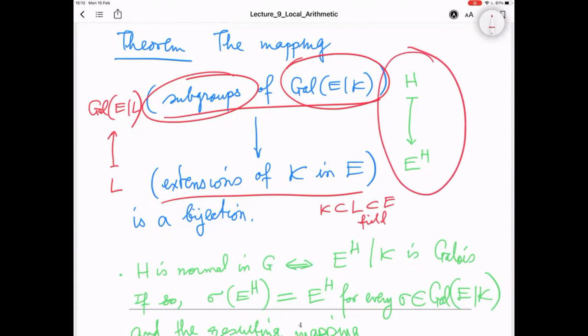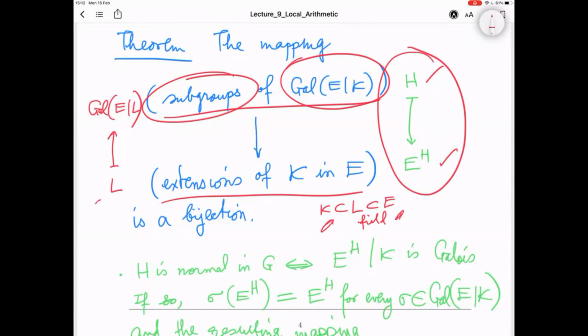And here's a map from subgroups to these intermediate extensions. It takes H, a subgroup H, to the set of fixed elements under H, the fixed field of H. It's going to be a field between K and E.